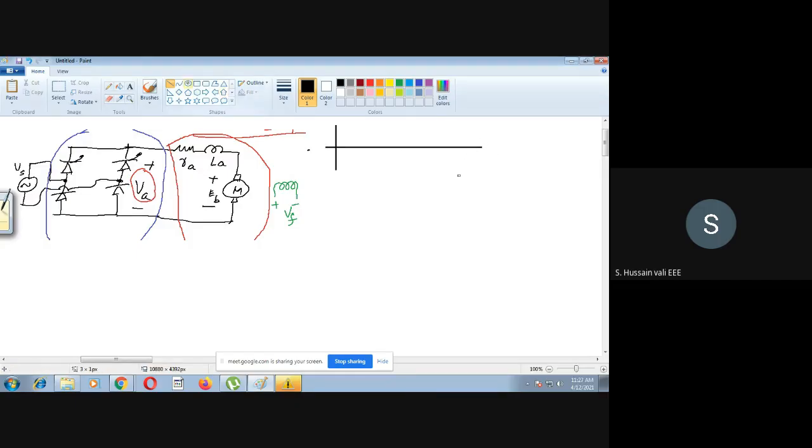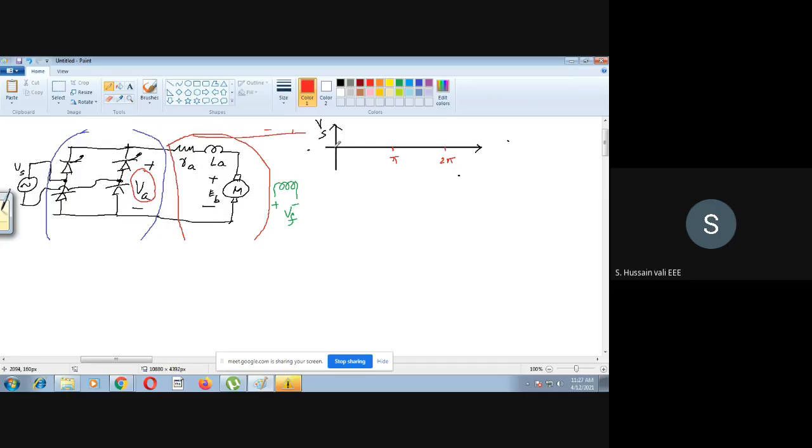Now we will do the same analysis for continuous conduction. First I will draw the waveform of Vs. This I will take as pi, whereas this is 2 pi.